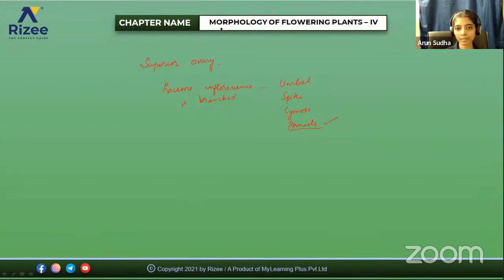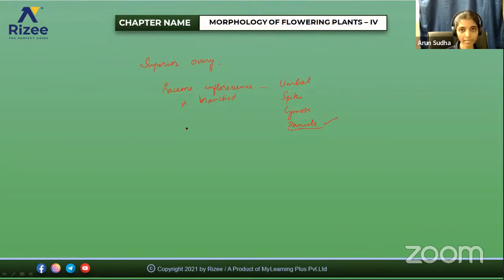But in the case of spike, the main axis will be weak. In spike inflorescence, that is the main feature. And also there will be no pedicel, that is, sessile flowers are present. So panicle is the one which shows the branch or the compound raceme.